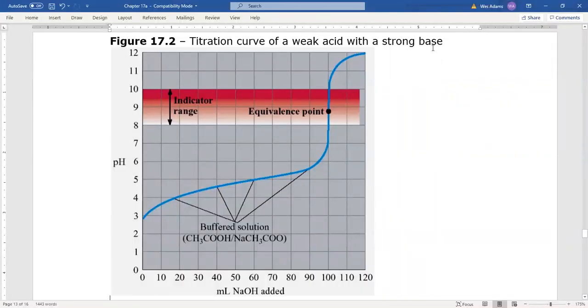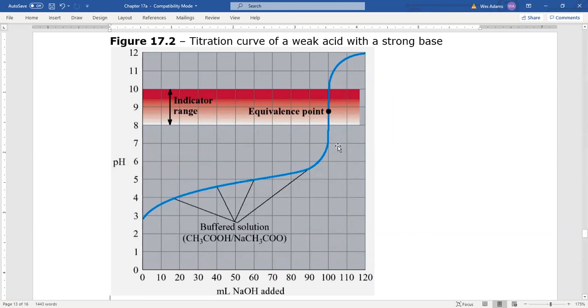So if we look at it, here's a titration curve. It has a few features that are a little bit different than the strong acid, strong base case. One, you notice the pH starts a little bit higher, then it rises, but then it buffers out in this middle section because you form a buffer which causes the pH not to change quite so much.